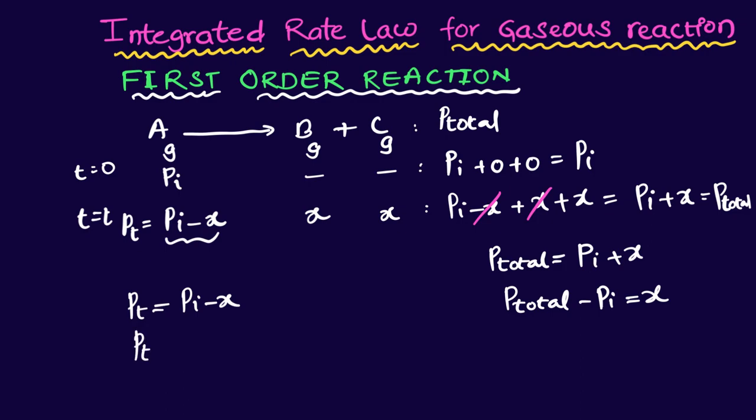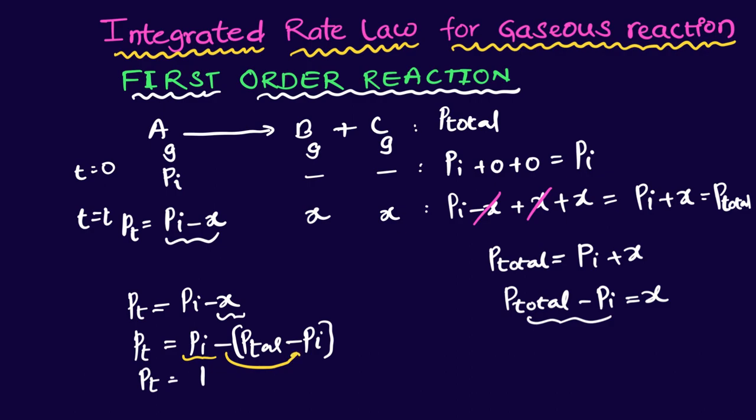In place of x, what can we place? This one, P total minus Pi. Then P at T time is equal to Pi minus, into minus, this Pi becomes plus Pi.